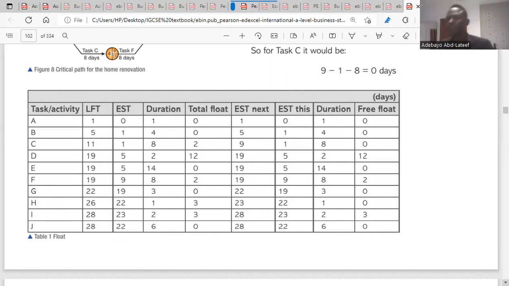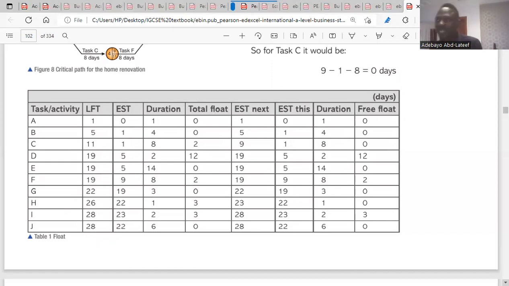No. We have tasks A, B, and C. So let's say there's going to be a delay. We want to check the critical path of task B. So to check it, we want to check the free float of task B. To check the free float of task B, it means we want to calculate the amount of time by which, if we delay task B, it will not affect task C. That is the free float.